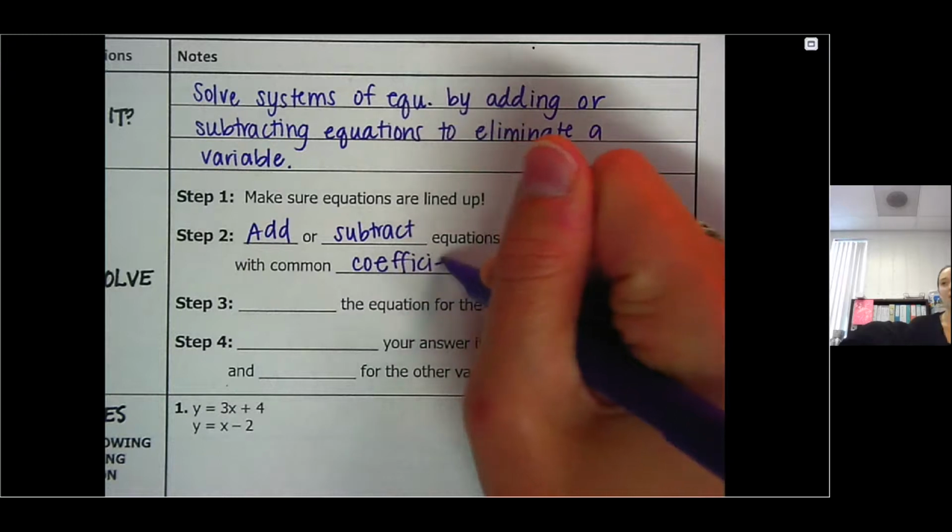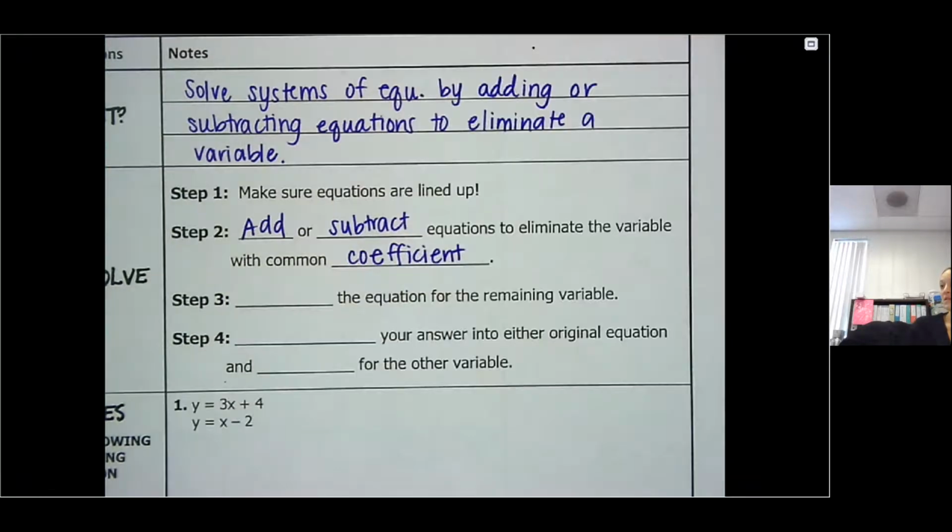Who here knows what the word coefficient means? Yeah? Good. It's the number next to a variable. Right next to a variable. Good. So the numbers in front of the variable are the ones that we're going to try to get rid of. So if they are the same number, that's the one we try to get rid of. So that's step two.